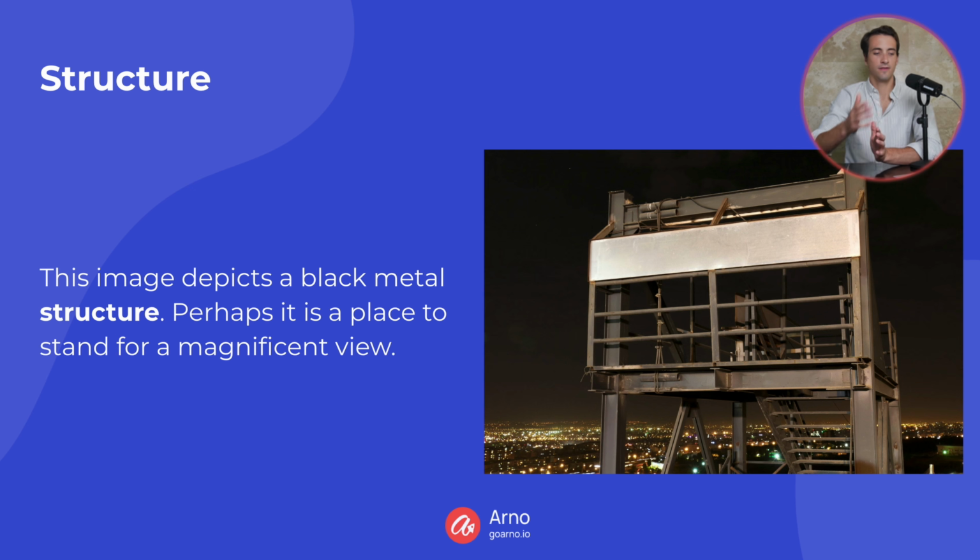Okay, next is structure. So, for example, this image depicts a black metal structure. Perhaps it is a place to stand for a magnificent view. So I don't know what to call this thing, so I'm going to use a general term like structure. You may be tempted to use the word thing to describe this structure, but you will get more points by using structure.